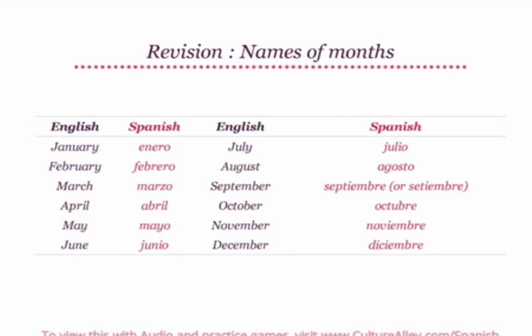August is agosto. September will be septiembre or setiembre. October becomes octubre. November is noviembre, and December translates to diciembre.